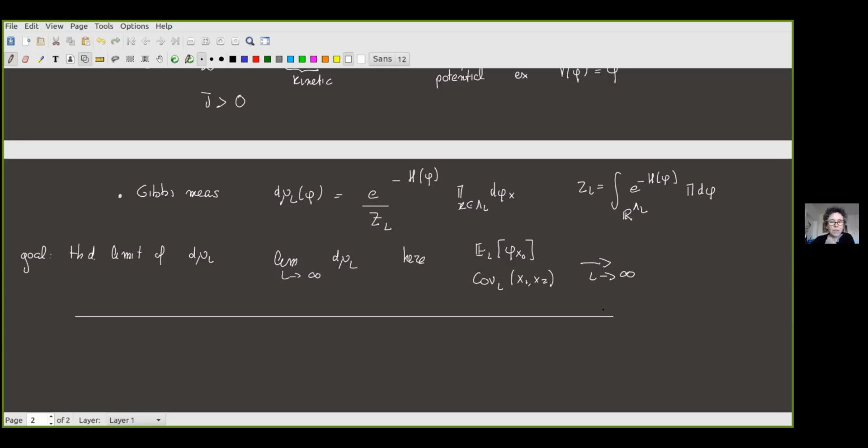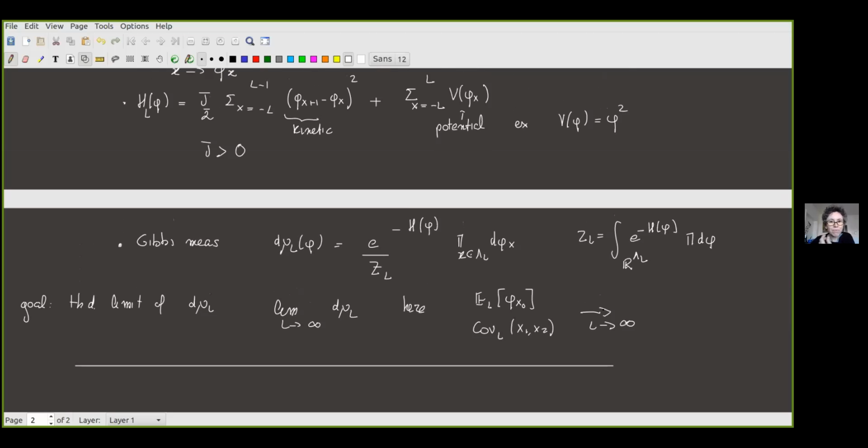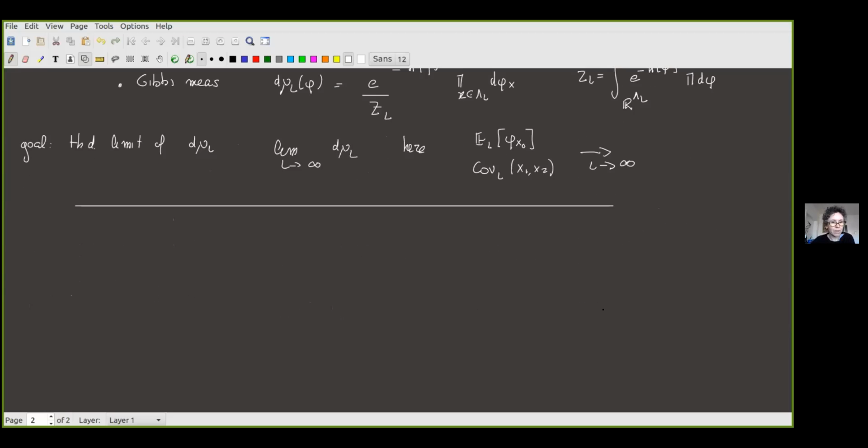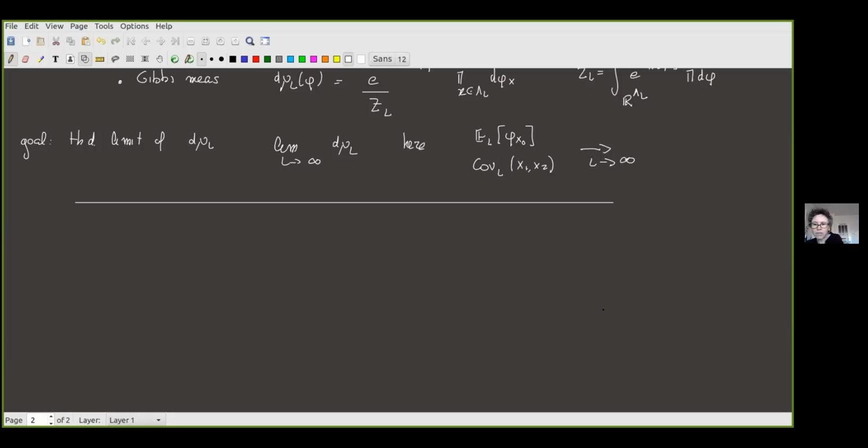And now, we have to deal with an integral over 2L+1 variables, with L going to infinity. So the idea of the transfer operator is to map this problem to a dual representation. And so here is the dual representation.